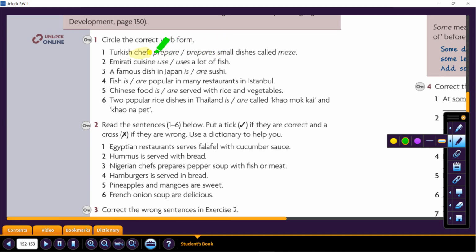What do you think? Of course, we need to make agreement between the verb and the noun. So since this is plural, the correct answer is prepare. Agreement between the noun and the verb.